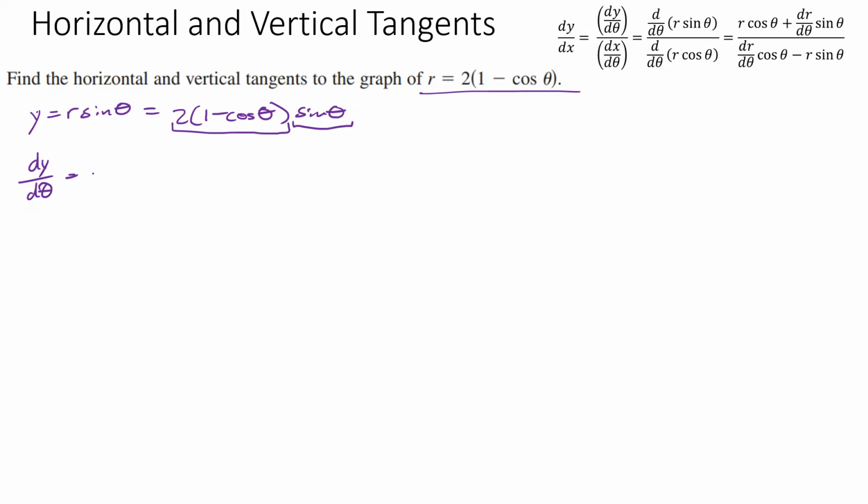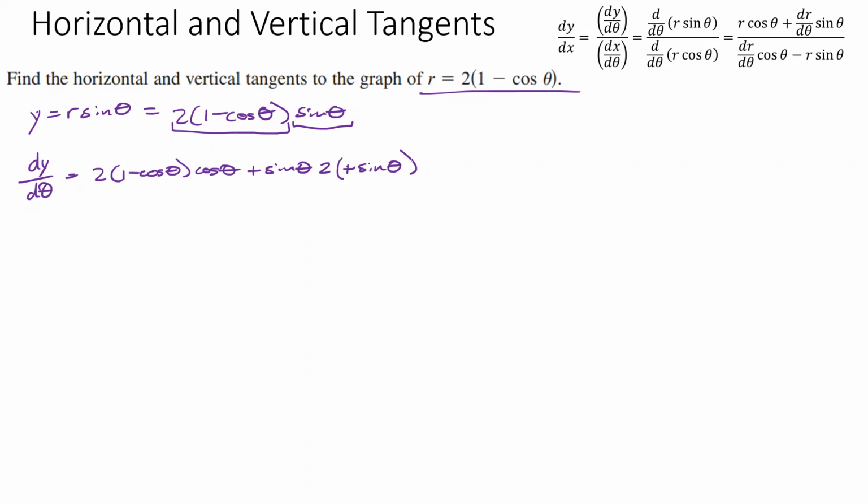So first, 2 times 1 minus cosine of theta times the derivative of the second, cosine, plus the second, sine, times the derivative of the first. Well, the 2 is going to still be there. Derivative of the inside, the 1 goes away. I've got a negative. Derivative of cosine is negative sine, so that's going to change it to positive, and I get sine.